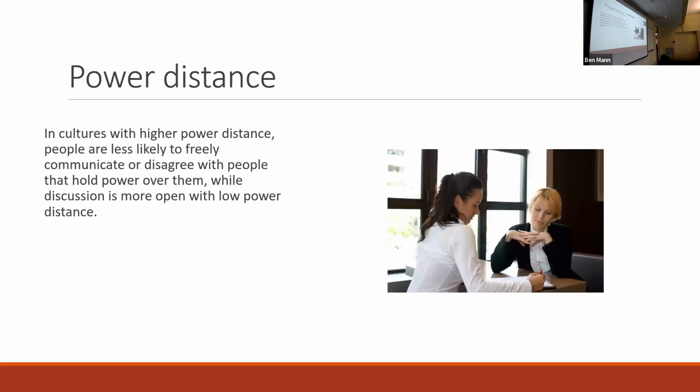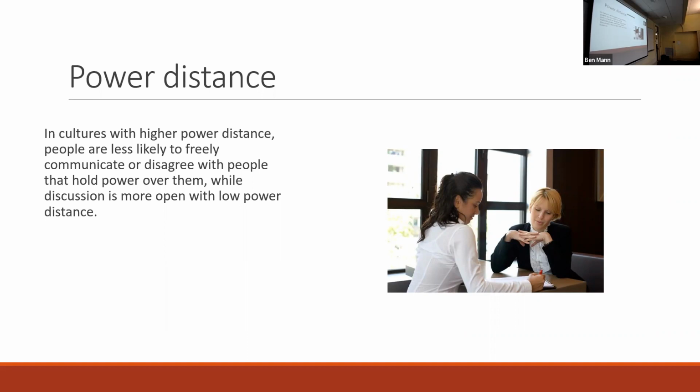And then lastly, as I've alluded to a little bit last class, there's the role of power distance, right? Power distance runs a spectrum. On the one end, we have high power distance. In those contexts, which tend to be more collectivist cultures, people are less likely to disagree openly with one another.